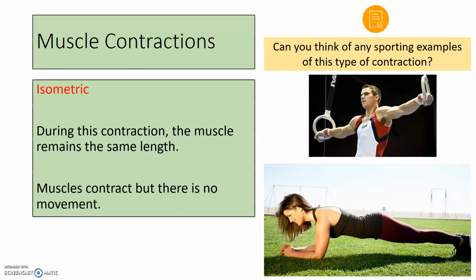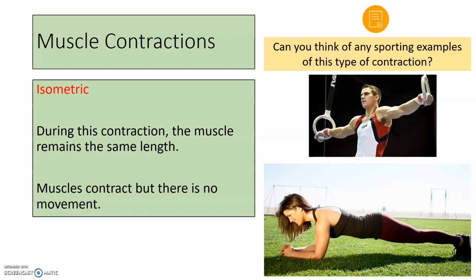Again, pause your video here. Can you think of any other sporting examples for this type of contraction? Other examples you might have come up with, think of a wall sit, for example. You'd be working the quadriceps. So you'd sit into that squat position against the wall, and you should eventually start to feel the burn on your quadriceps because they're contracting, but there's no movement as such when we're sat against the wall in that specific position.